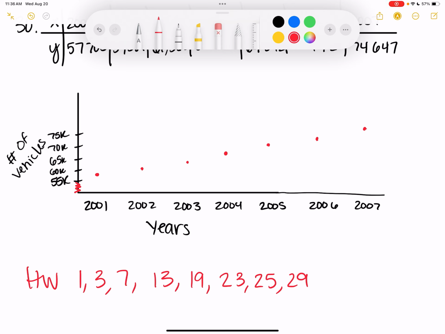So if you finish these and you want to work on the notes for the next section, you can do that after you do this. Okay, good.